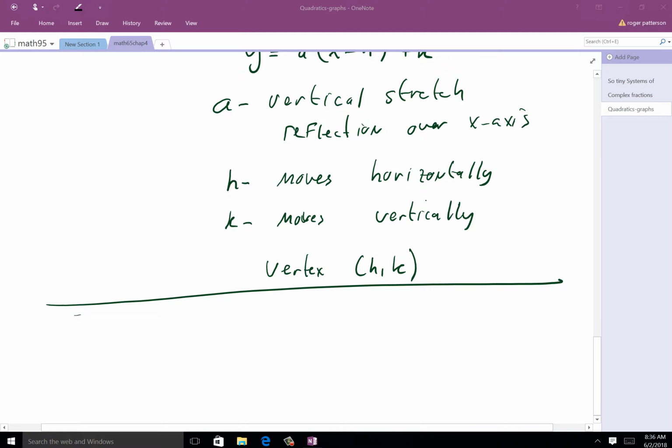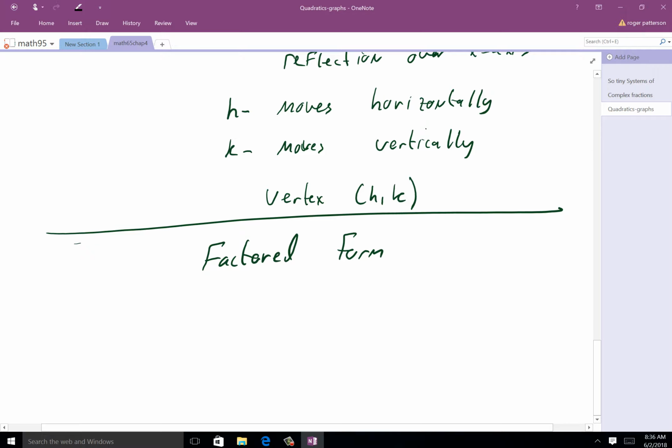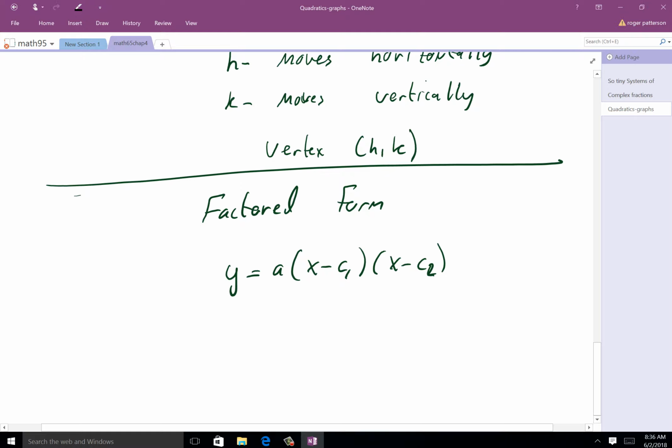All right, let's take a look at the last one, which is factored form. y equals a times (x minus c sub 1) times (x minus c sub 2). That's what we're going to look at now, and then we'll go through a whole bunch of other little things in 6.1 that you need to know.